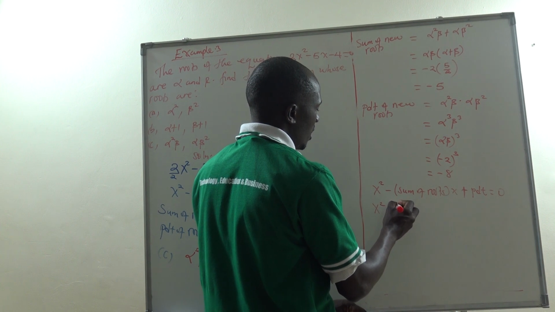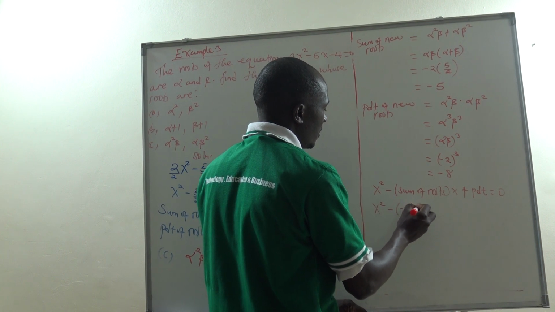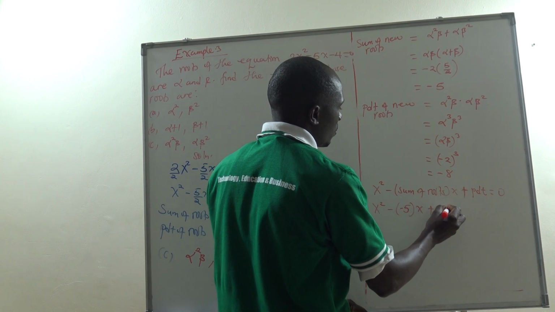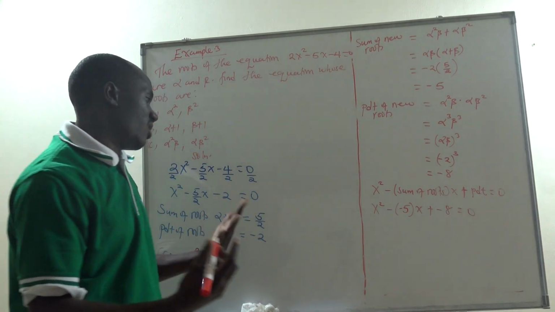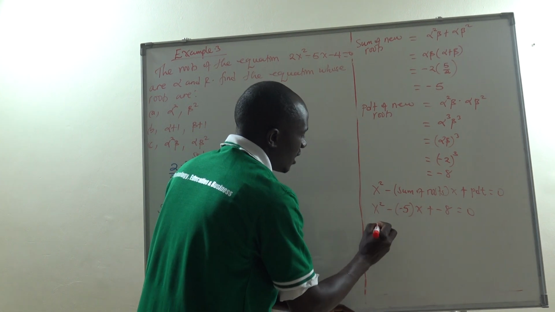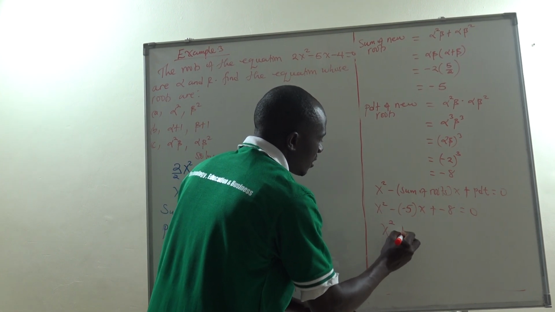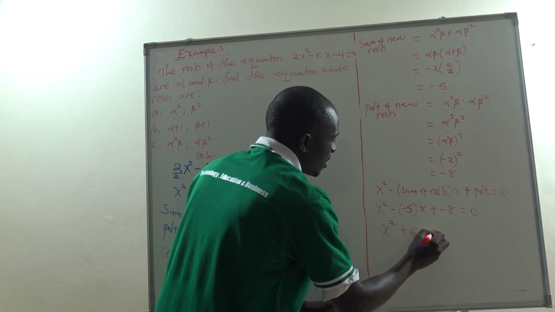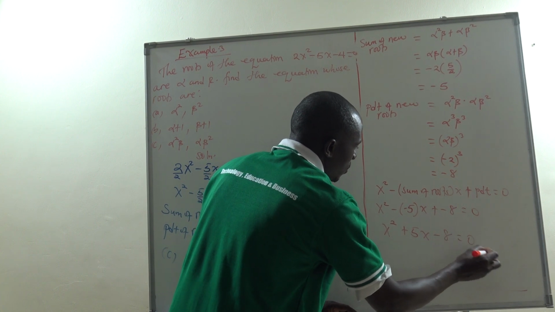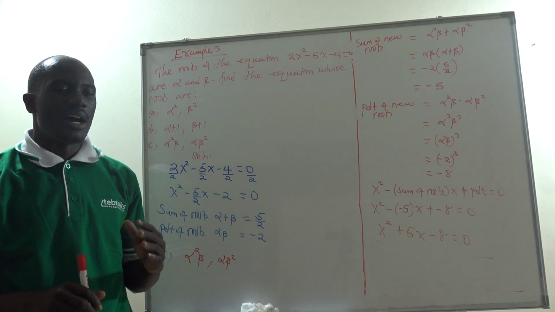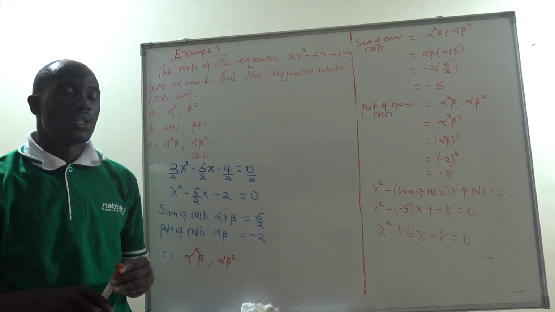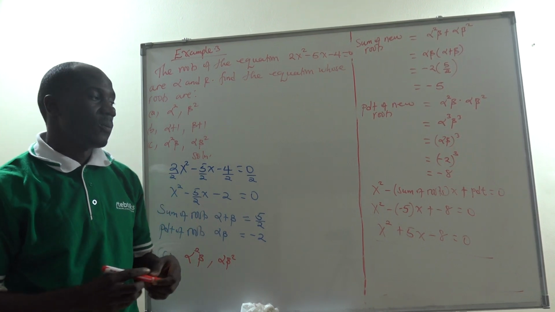So we shall have negative 5x plus the product which is negative 8 equals 0. Then we are free to rearrange it. A negative and a negative, we are getting x squared plus 5x minus 8 equals 0. That's the way we normally handle such equations which are related to that one.